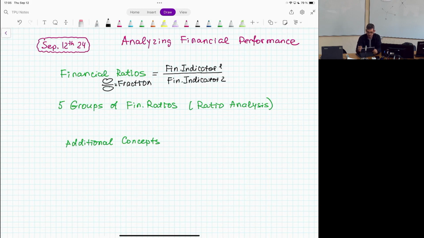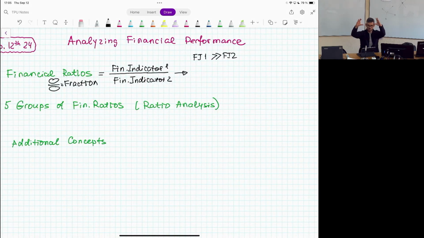Okay. So now, when you take one financial indicator and divide it by another, if financial indicator 1 is much bigger than financial indicator 2, so the top is much bigger than the bottom, we will have numbers more than 1, 2, 3, 4, 5, so kind of big numbers.